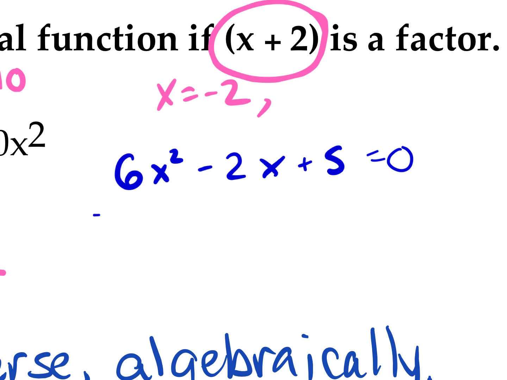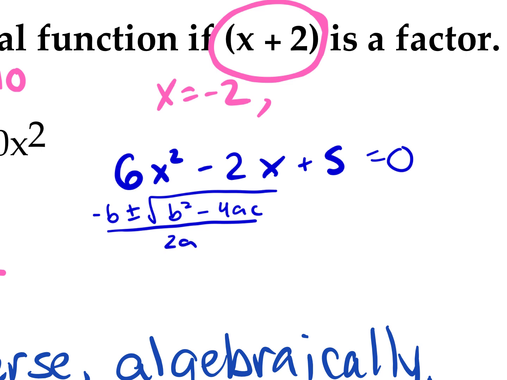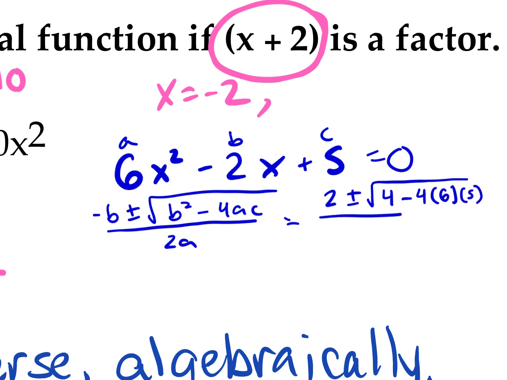So -b plus or minus the square root of b squared minus 4ac over 2a. Plug in our a, b, and c. So -2 turns into a +2, plus or minus the square root of -2 squared, so that would be 4, minus 4 times 6 times 5, over 2 times 6.